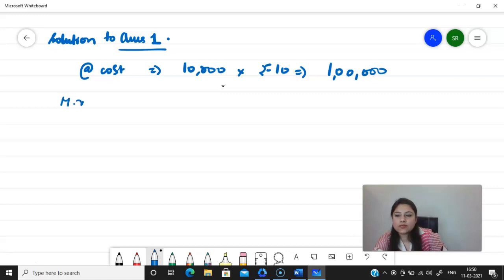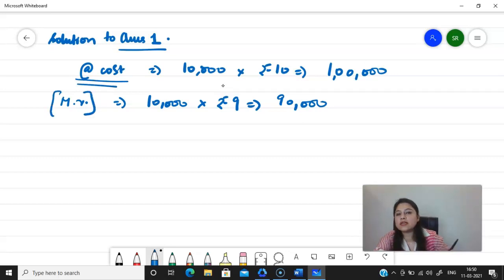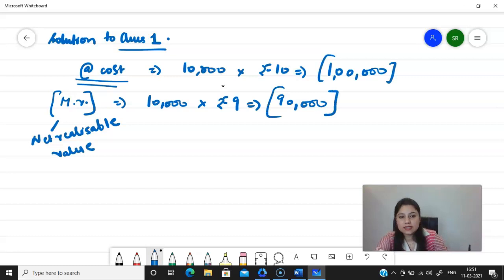However, the market value of such goods would be valued at rupees 9, so 10,000 units into rupees 9 would amount to 90,000. Since there is no other value or information given, this market value will be considered as the net realizable value of such stock. The cost price is 1 lakh and the net realizable value is 90,000. Whichever is lower, that means 90,000.